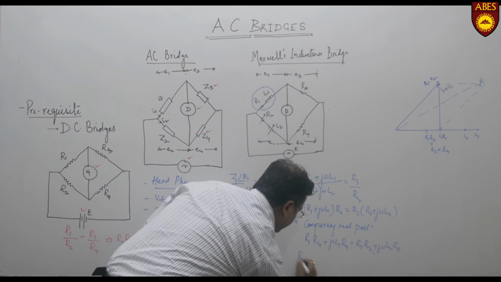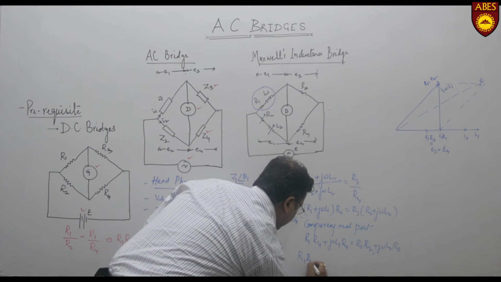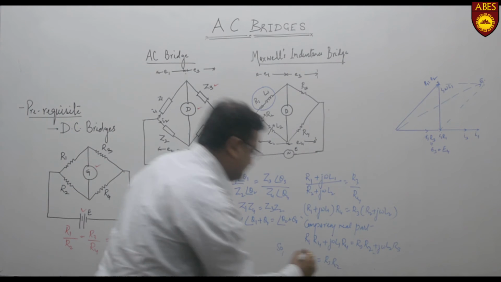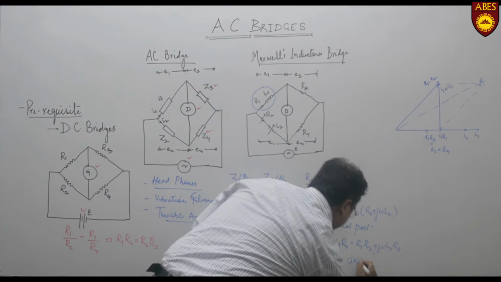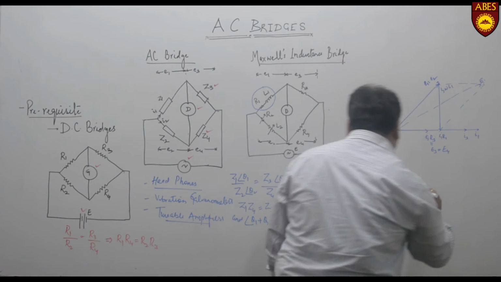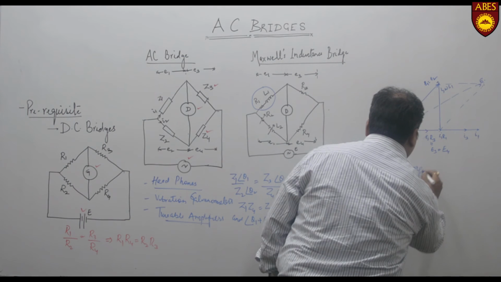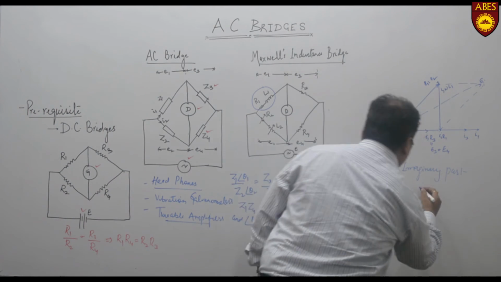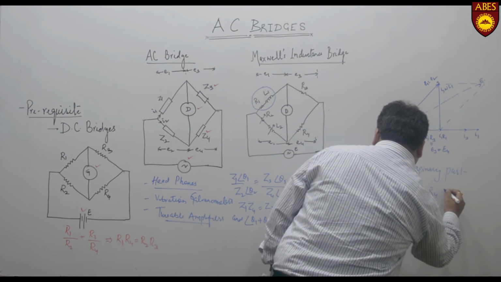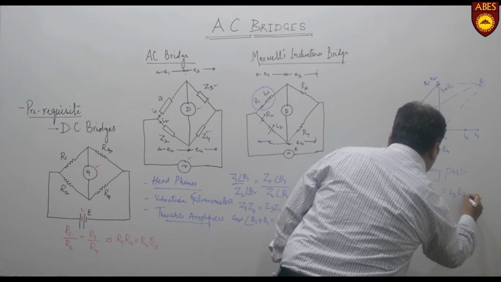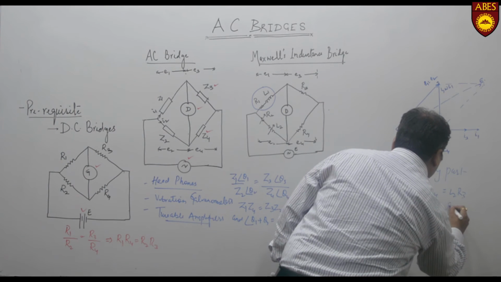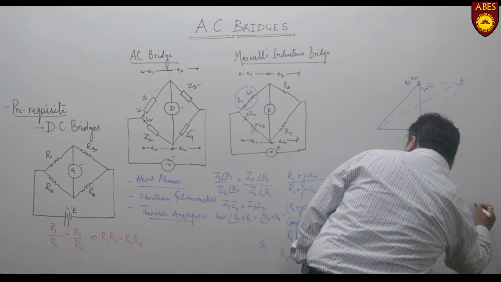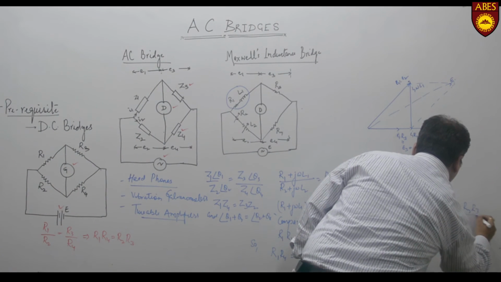So from the real part, R1 R4 is equal to R3 R2, and from the imaginary part, L1 R4 is equal to L2 R3, or L1 is equal to L2 R3 by R4, and R1 is equal to R2 R3 by R4.